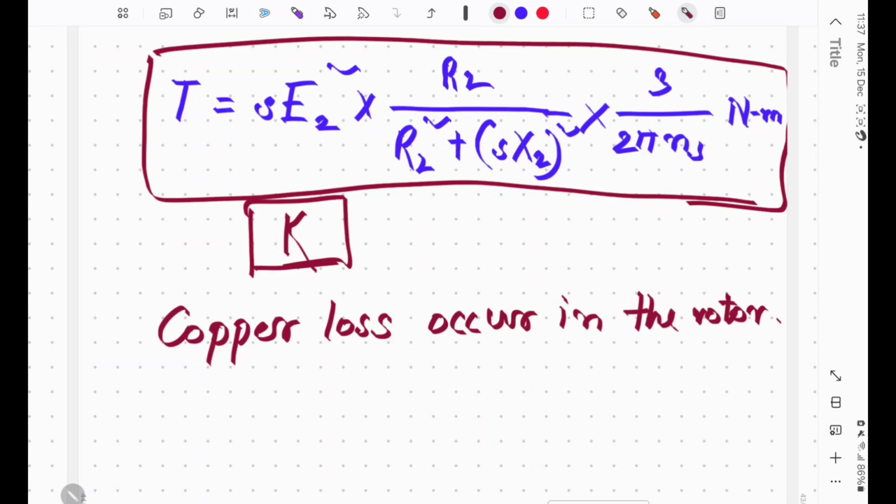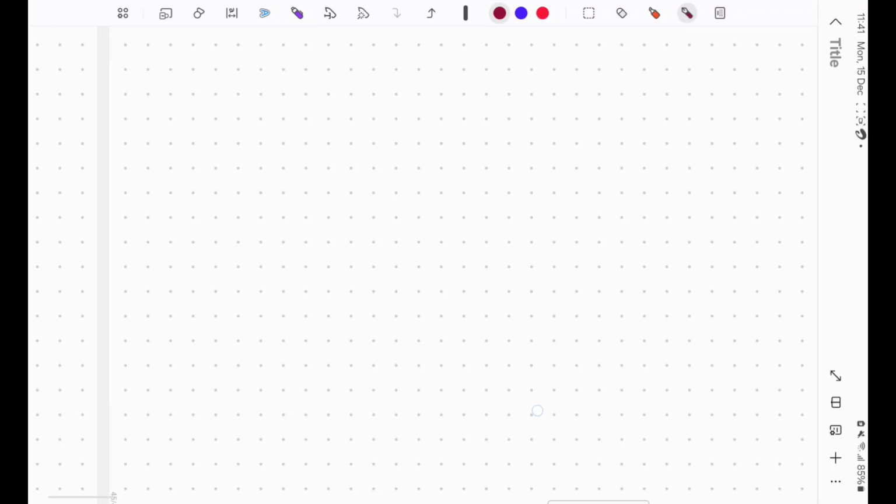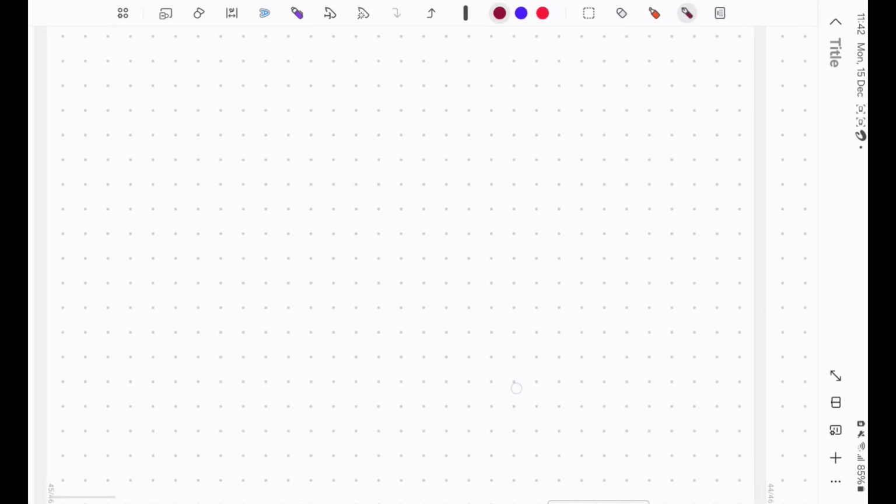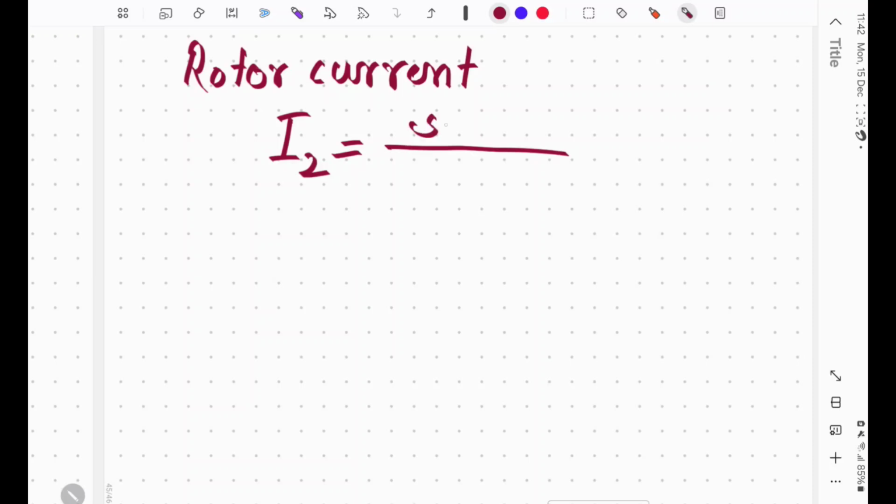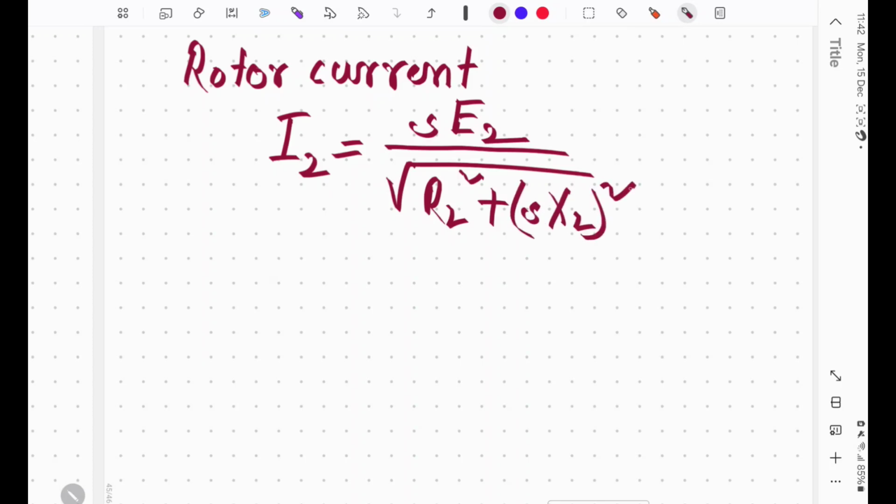The rotor copper loss is expressed as Pc is equal to 3 I2 square R2. We know that rotor current I2 is equal to sE2 by root over R2 square plus sx2 whole square.